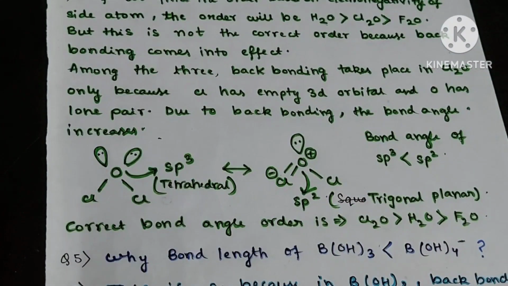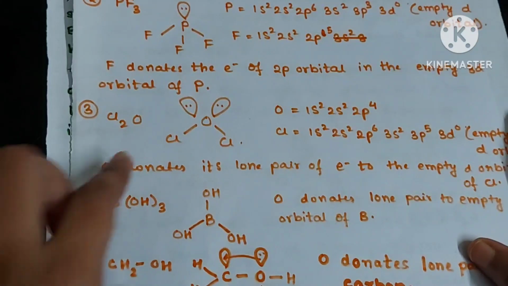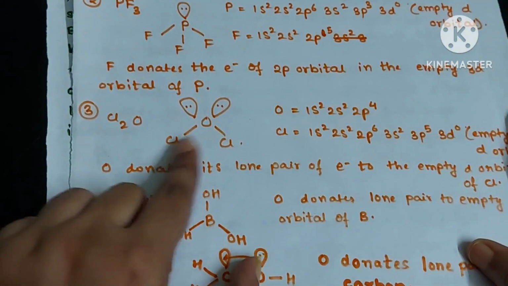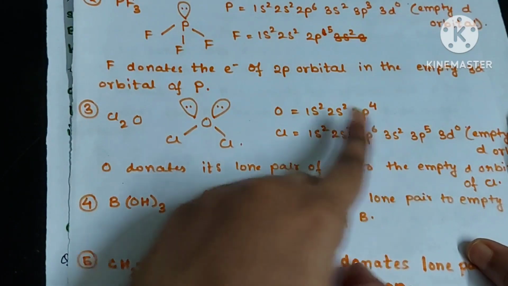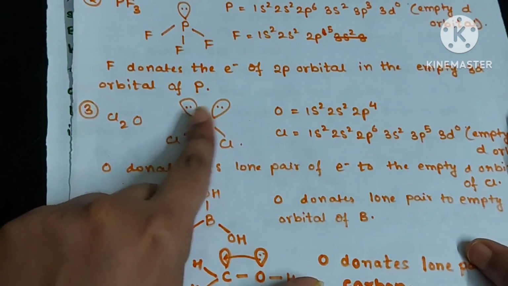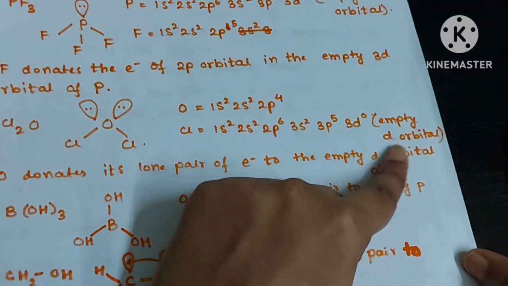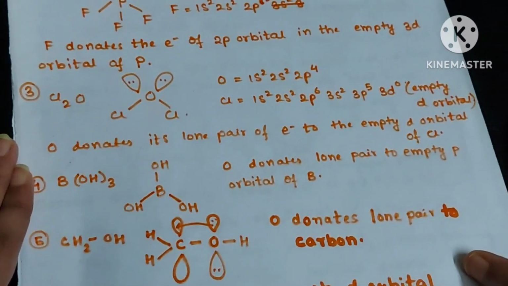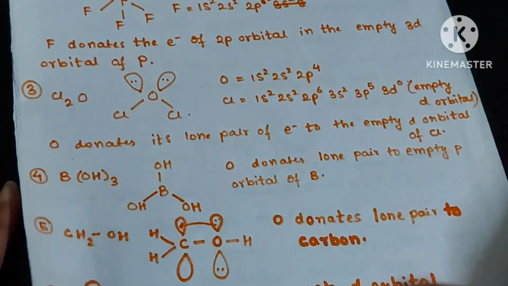As in the example in the previous video, in Cl2O, oxygen had two lone pairs, and chlorine had an empty 3d orbital. So oxygen donates its lone pair of electrons to the empty d orbital of chlorine. Therefore back bonding is taking place.